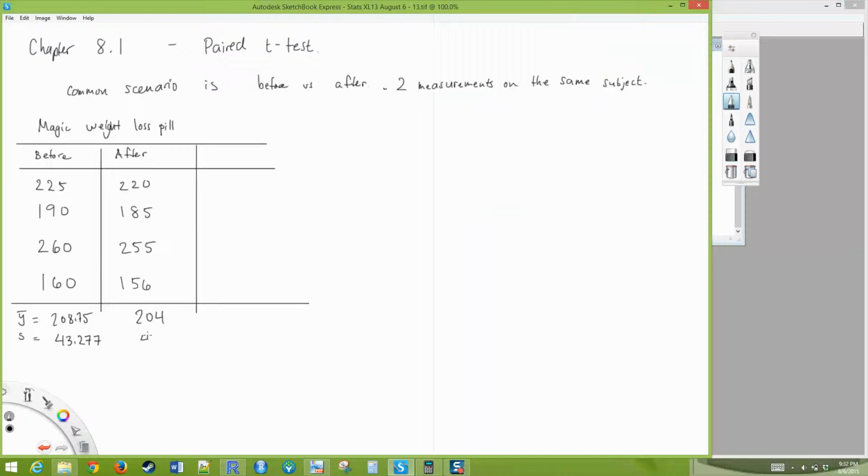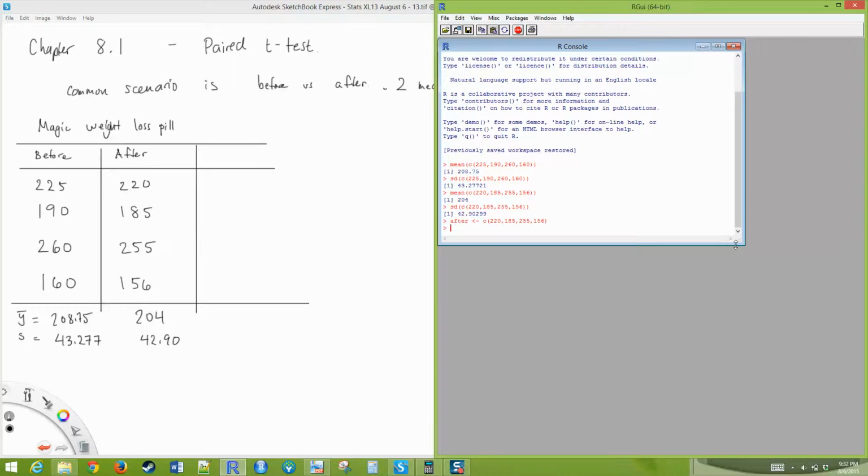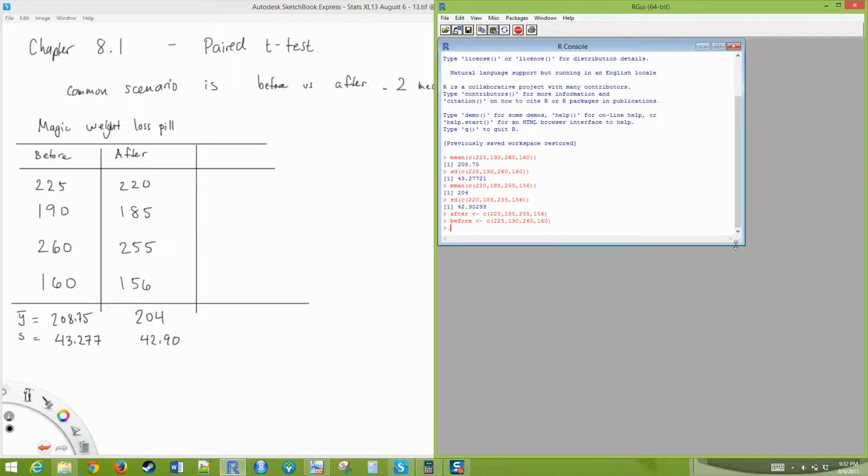We can do a t-test in R. I just do t.test before, comma, after.